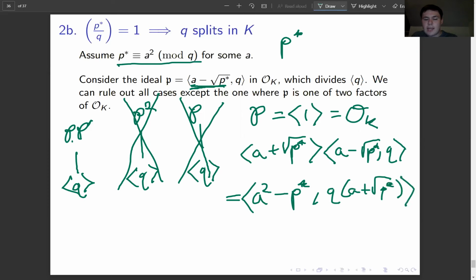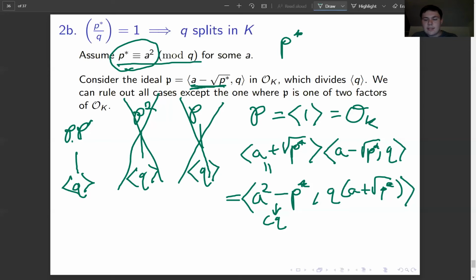Now we want to check, is this ideal equal to this ideal? Well, this first generating element, A squared minus P star, has to be a multiple of Q because those are congruent mod Q. So this is really CQ for some integer C. And this part here is definitely a multiple of Q.